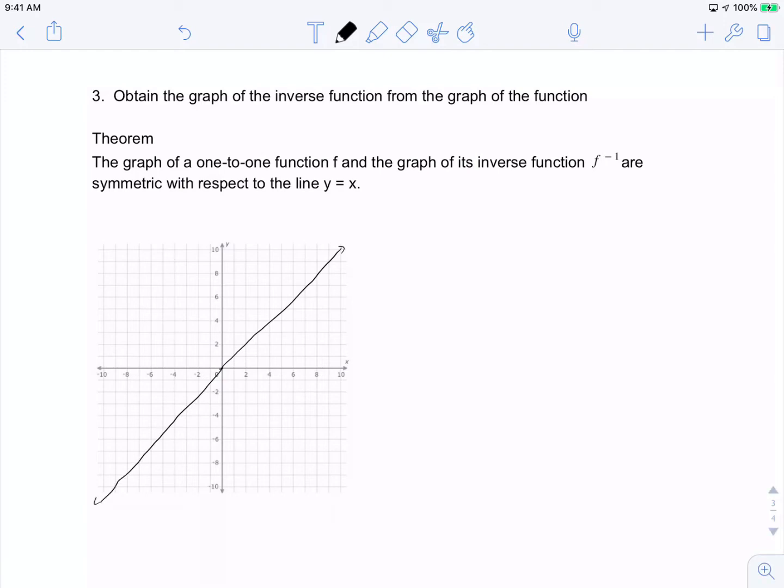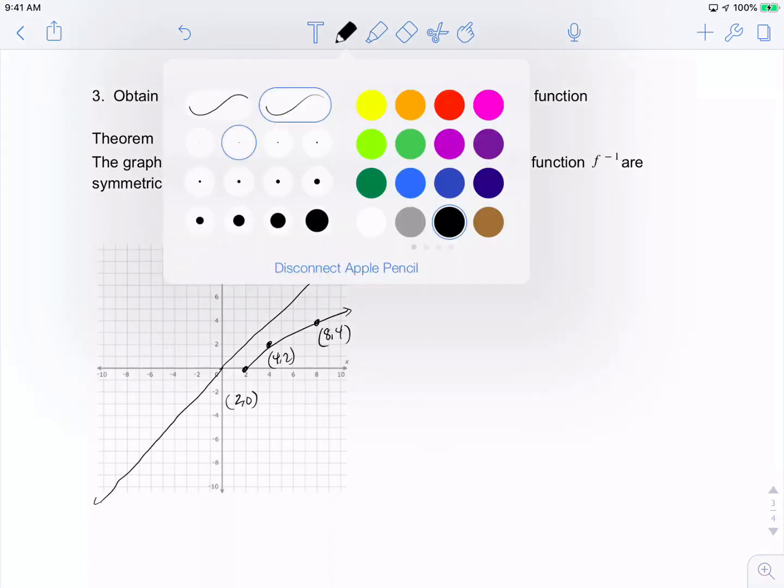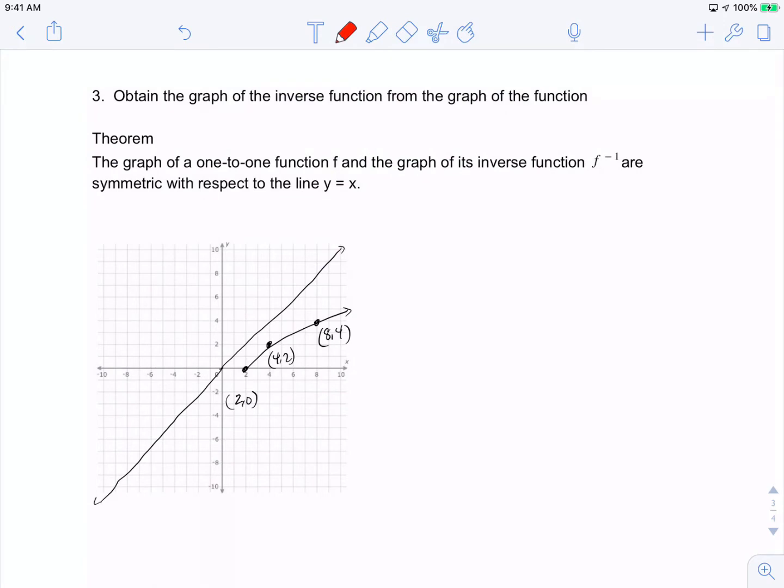So if I gave you a function that had the points (2, 0), (4, 2), and (8, 4), and it went like this. So again, this is (2, 0), (4, 2), and (8, 4). The inverse function then would be (0, 2), (2, 4), and (4, 8).